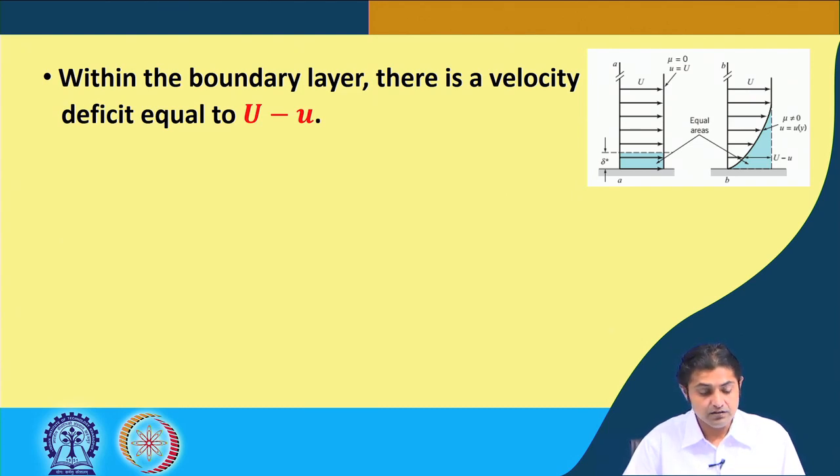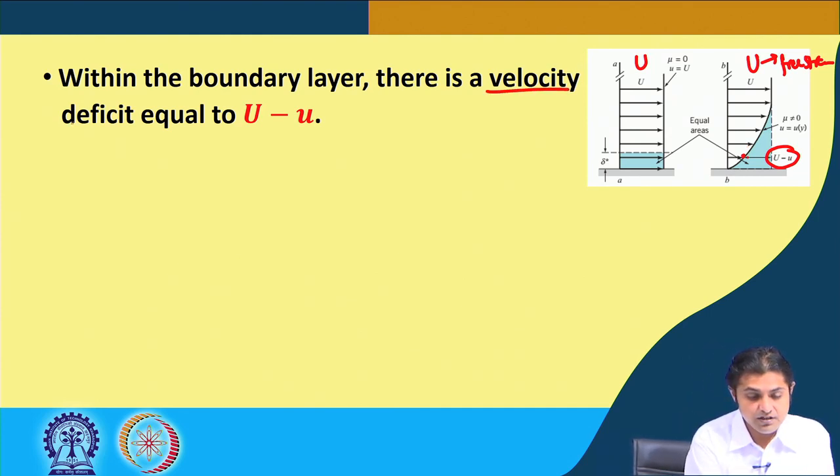Within the boundary layer there is a velocity deficit. So, this is the boundary layer. Capital U is the uniform velocity profile. Here also the free stream velocity is the same, but at this distance, if the velocity is small u, then the deficit of the velocity is capital U minus small u. Small u here is the velocity at a point in the boundary layer.